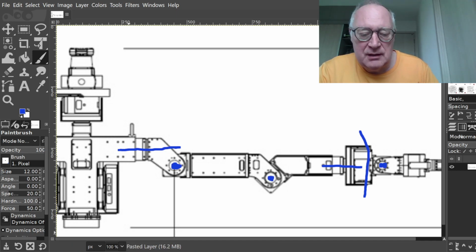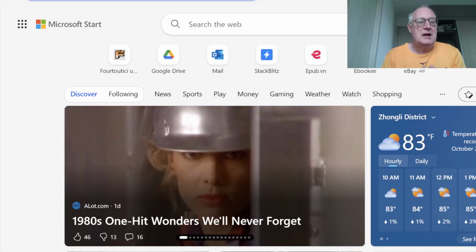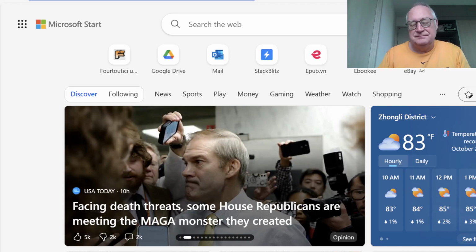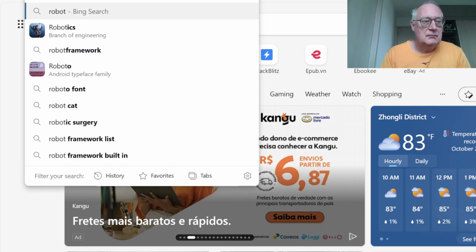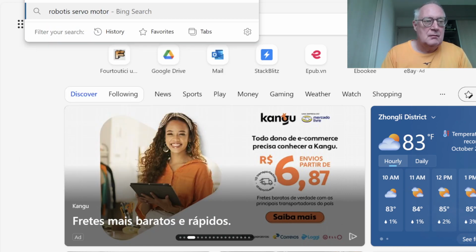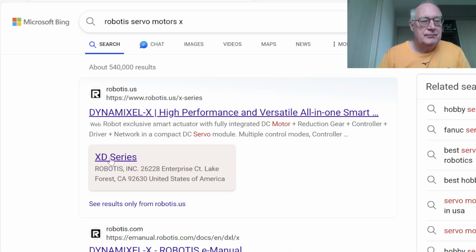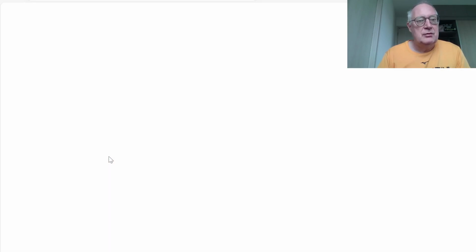Now when I assign the coordinate systems, the z-axis, then we have X series or Pro series, doesn't matter.